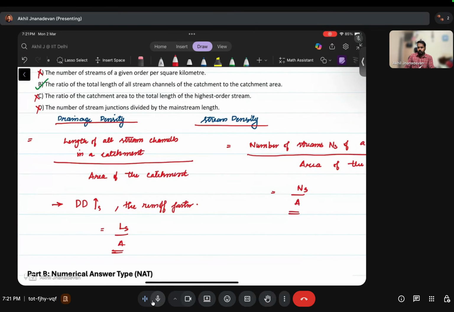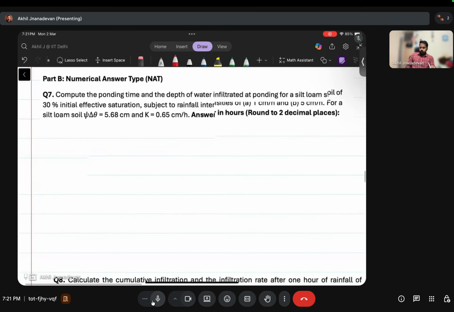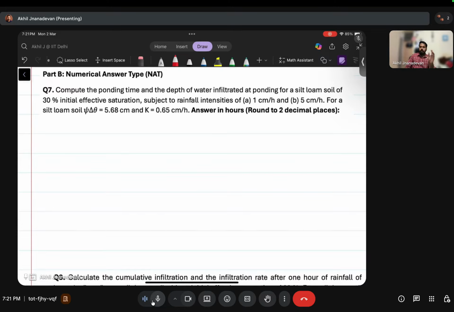So now we have covered almost all the concepts which were covered in the week 6 lectures. And now we will move on to the numerical answer type questions. Okay. So in this, before the surface water had started, there were some portions taken related to the Green-Ampt equation. That is an equation to quantify infiltration rate. That is the cumulative infiltration depth, and the infiltration rate can be analytically found out with the help of the Green-Ampt equation, right?